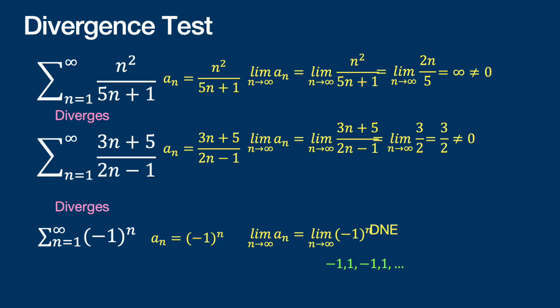The limit does not exist. The series is going to be divergent. So the divergence test gives the idea that the series is going to be divergent if the limit of the sequence is not 0. I emphasize one more time: the limit of the sequence being 0 doesn't guarantee the series is convergent. We have to do another test.